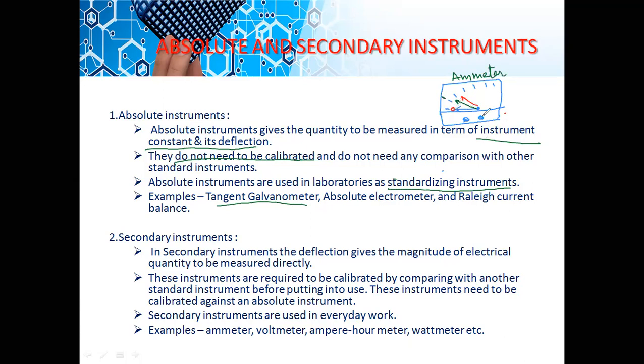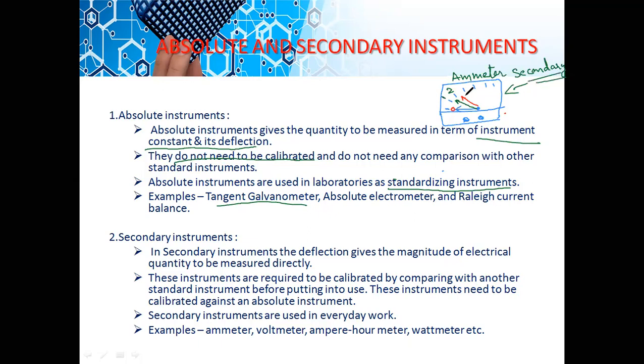And when I know the true value of the input current and when I give 1 ampere, the pointer was showing the green mark, and it was calibrated to 1. It was marked as 1 ampere. Similarly, if you give 2, it is going to this red mark pointer. So say it is going to be 2 ampere. This is how we are going to calibrate the instrument. So this kind of instrument is what we call a secondary instrument.